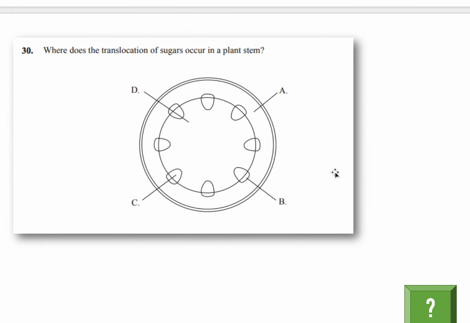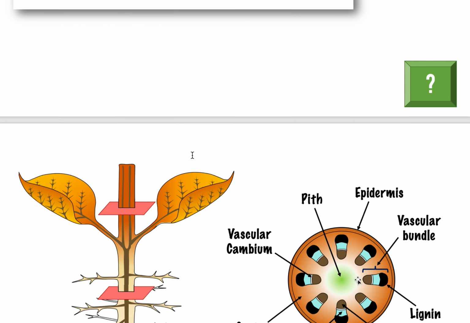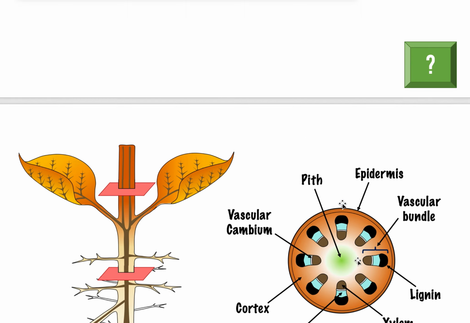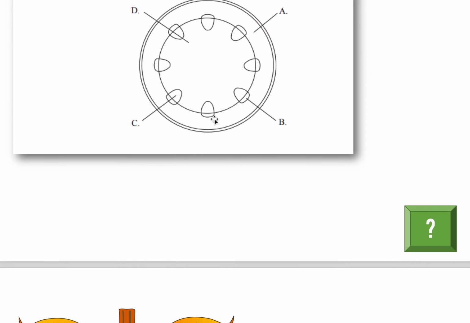Now we know that translocation of sugars happens in the phloem. Now the question is, which one of these, A, B, C, or D, is the phloem? So here's a diagram that you need to understand, need to memorize it, okay? Or at least try to understand it a little bit. But you can see here that the phloem is basically this part here, okay? So if we come back to this picture, it's essentially B, okay?